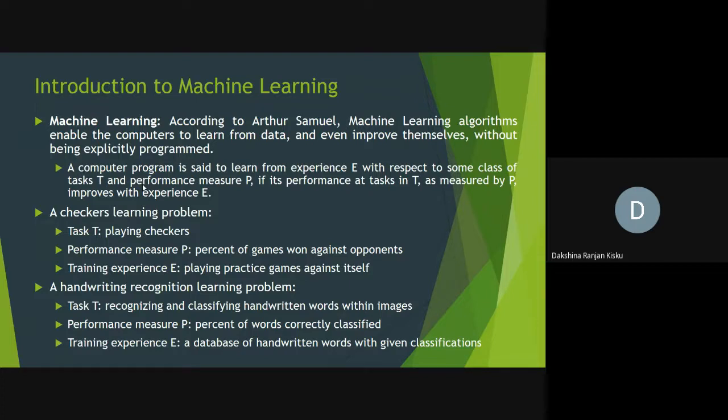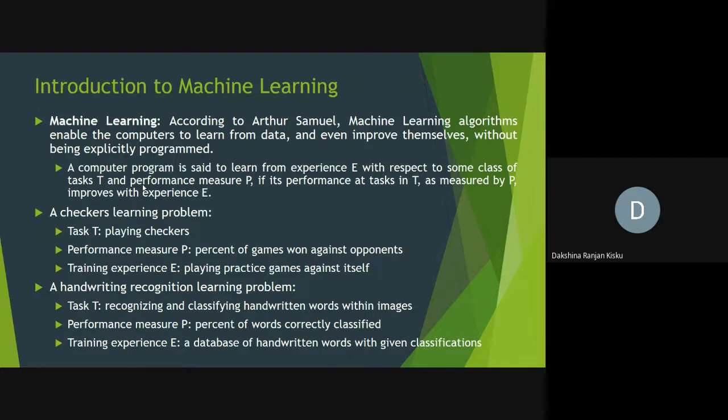Now, to understand the machine learning process in a better way, we can consider two examples. One is the checkers learning problem and the other is the handwriting recognition learning problem.